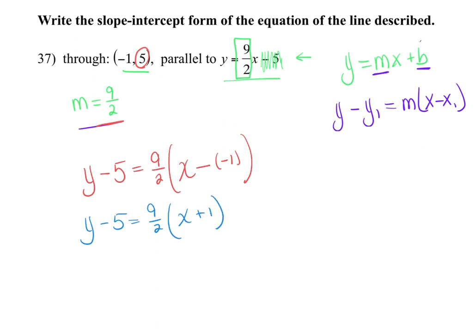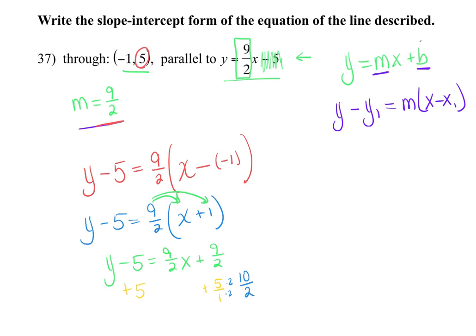Then I'm just distributing and moving that 5 over. So distribute your 9/2. You get y minus 5 equals 9/2 x plus 9/2. And then we are adding this 5. Remember, it's 5 over 1. I need a common denominator, which is that 2. So 5 over 1 is the same thing as 10 over 2, right? 10 over 2 equals 5.